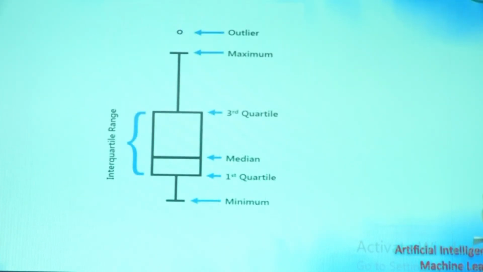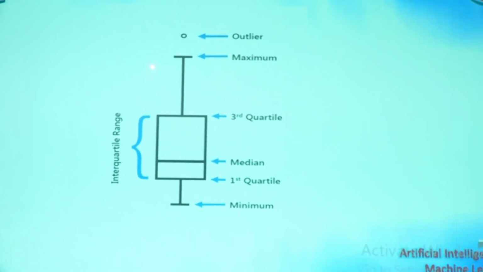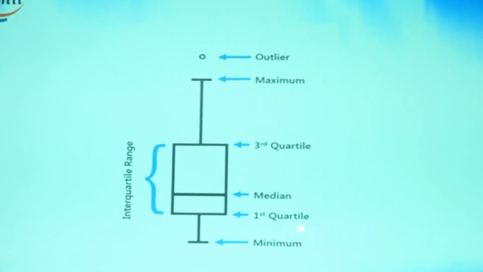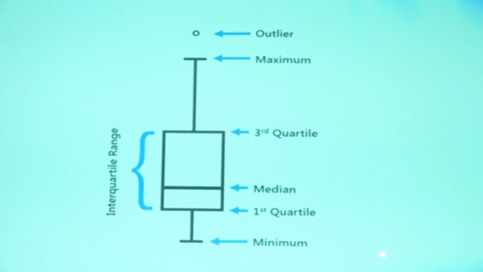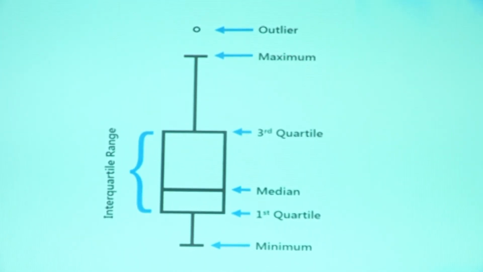Okay, so now this is an additional slide I kept to understand box plot also. You can see box plot tells you minimum value, maximum value. There will be a bar. That bar is going to give you median, 50%. Okay, then you have first quartile, third quartile. Difference between first and third quartile is interquartile range.